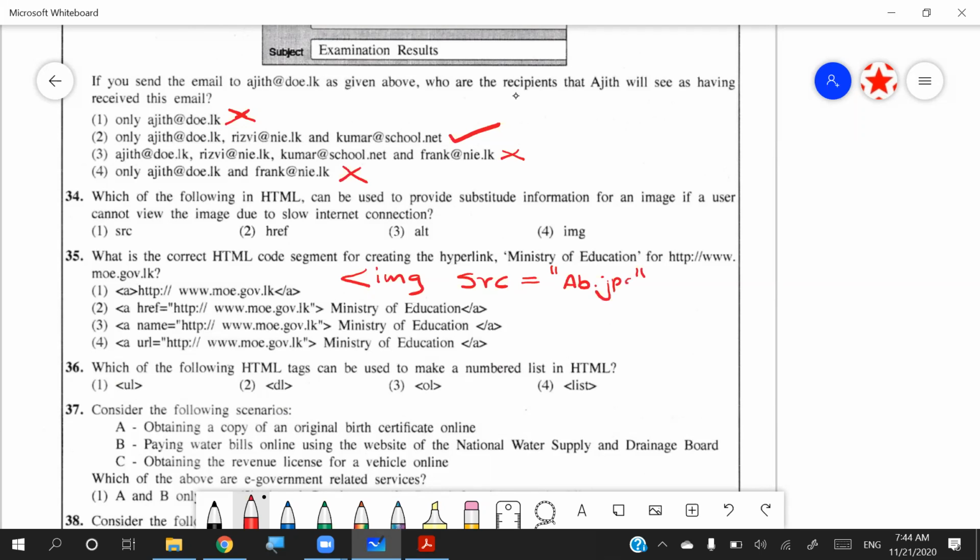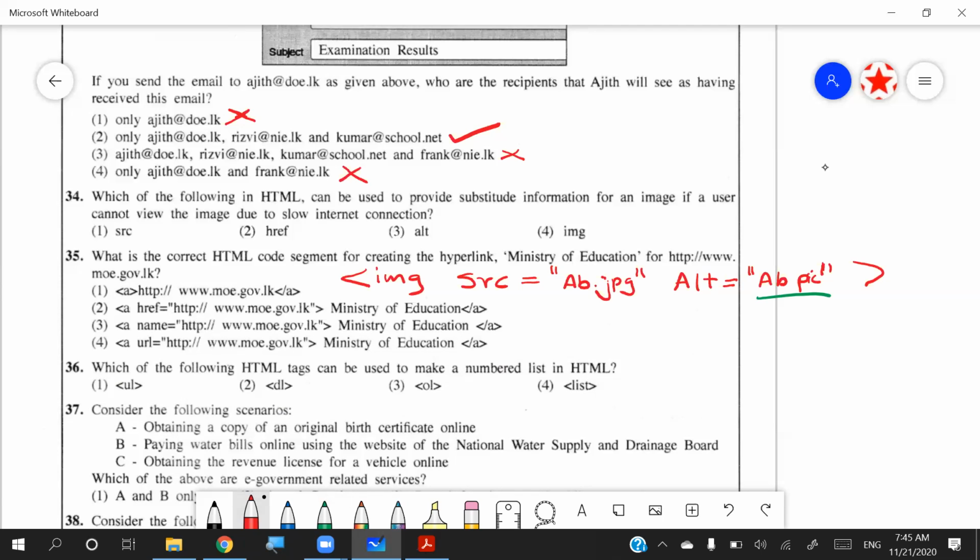So ab.jpg, let's say. So that is the image. And alt, this is the attribute which we use for alternate text. So if you say here ab pic, this particular word is going to be there on the web page when the image is not being loaded to the web page for some reason, right?